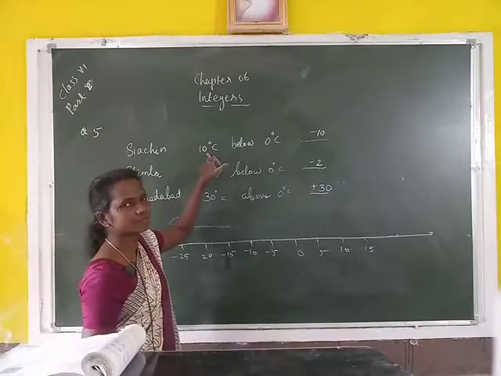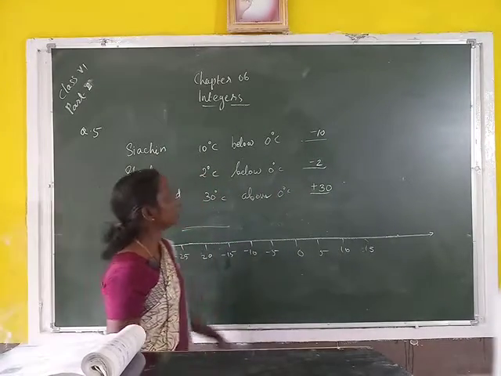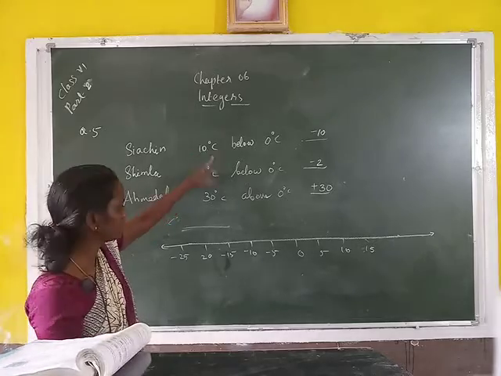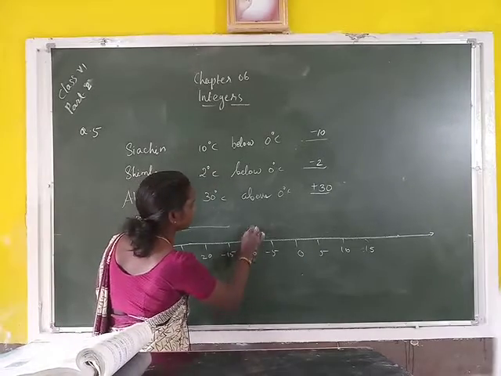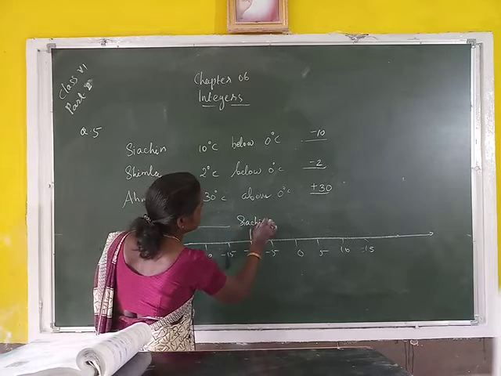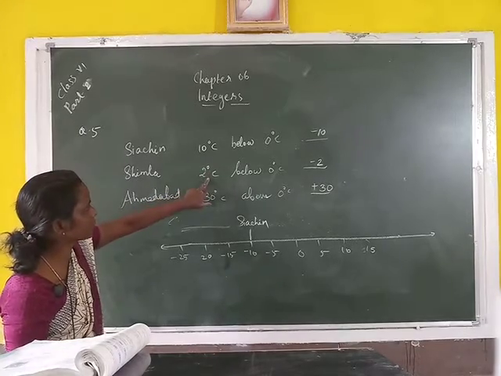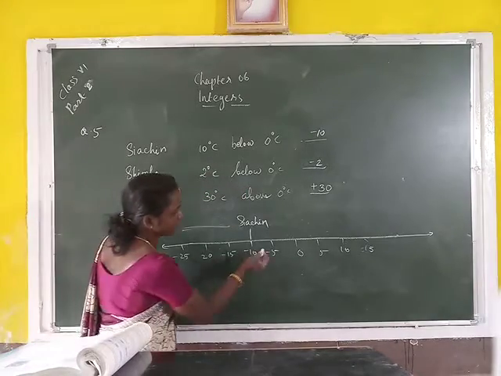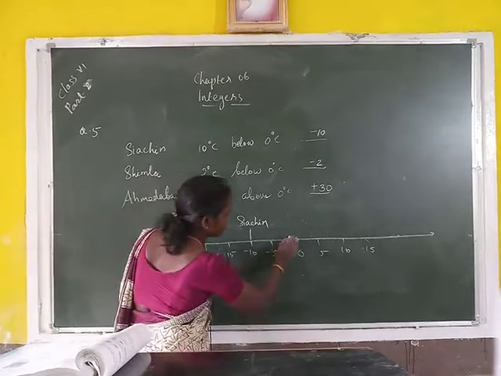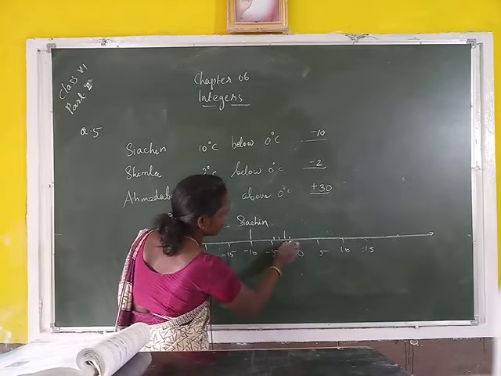Look at this, 0, 10, -10. Where is the -10 integer? -10 is here, and here you mark Siachen. And next -2°C. Where is -2°? -2° means here, 1, 2, 3, 4. This is -2.